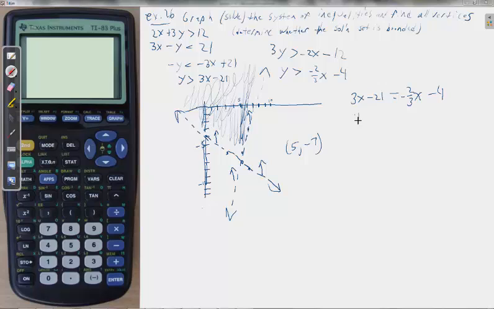So 3 times everything: 9x minus 63 equals negative 2x minus 12. Move the 2x over, 11x equals, let's see, 63. Add 63, subtract 12, you get 51. So x would be 51 over 11. That's close to 5.